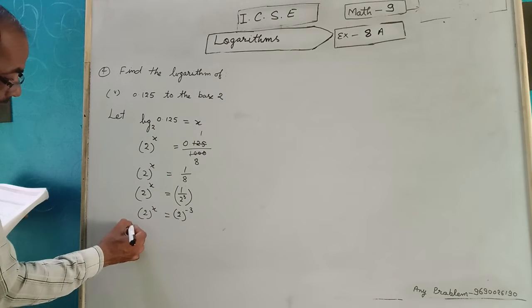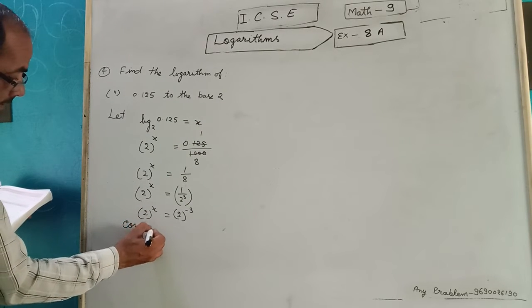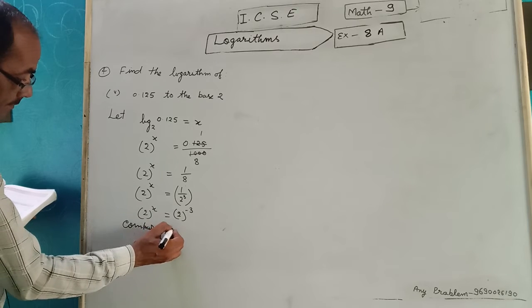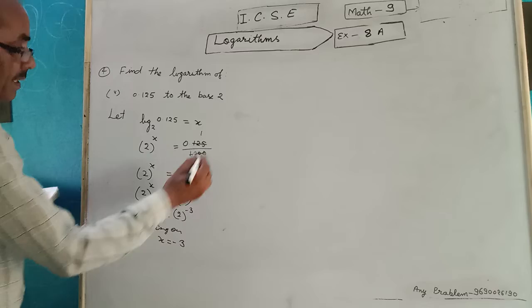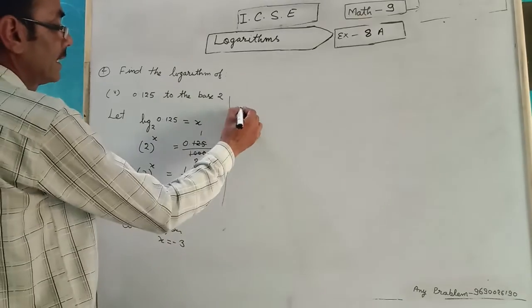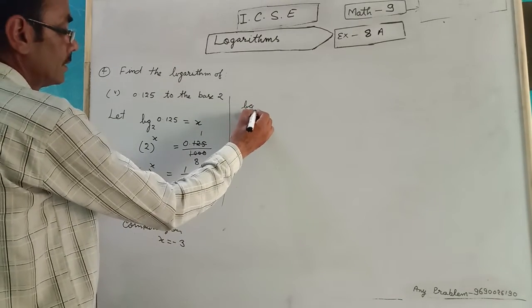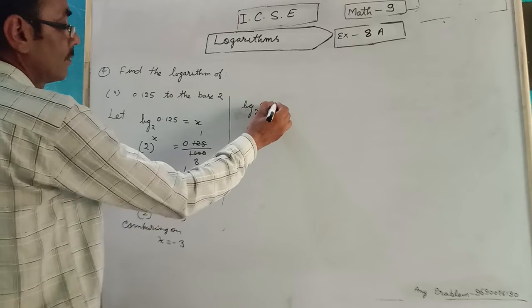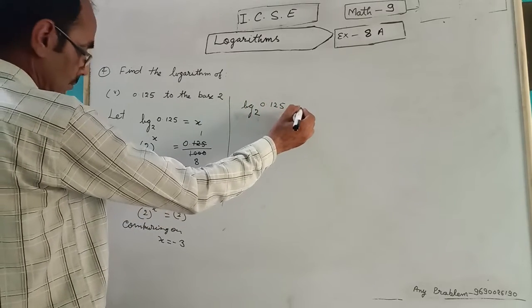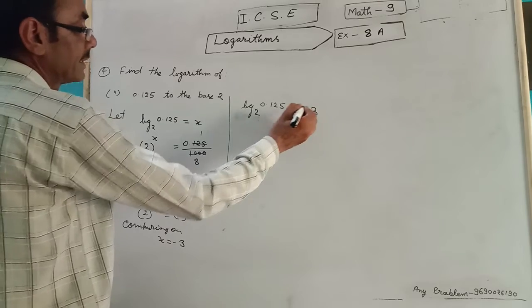Base are equal. Comparing, x is equal to minus 3. So log 2 base 0.125 is equal to minus 3.